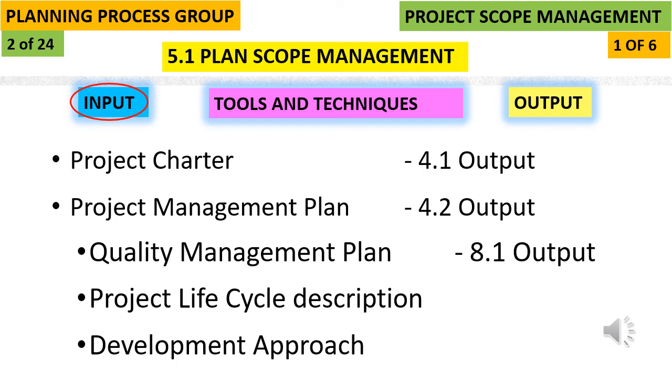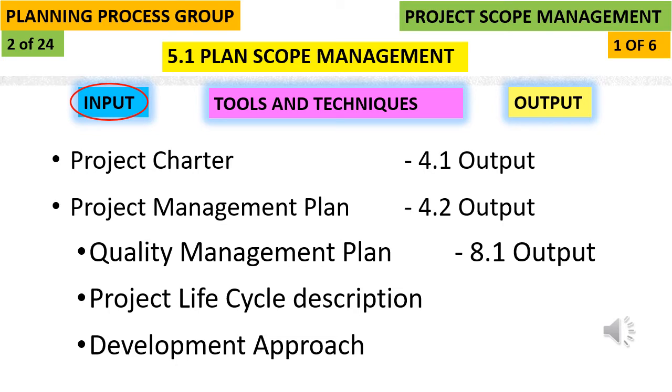The project lifecycle description. Here, the project lifecycle determines the series of phases that a project passes through from its inception till the end of the project. So how we have described the project lifecycle.